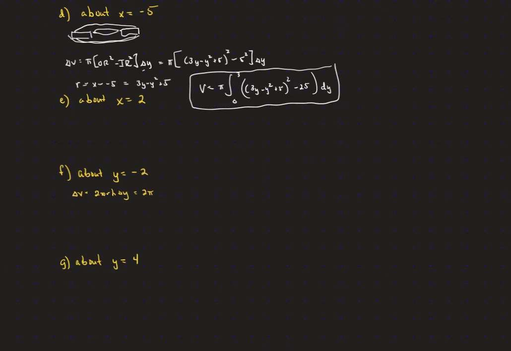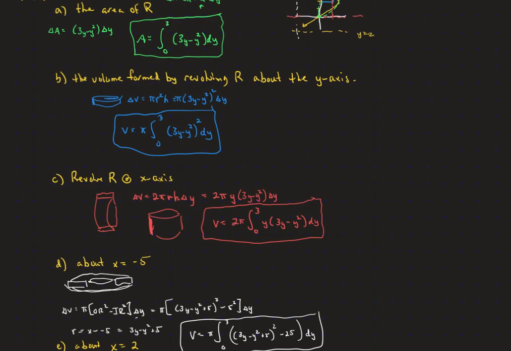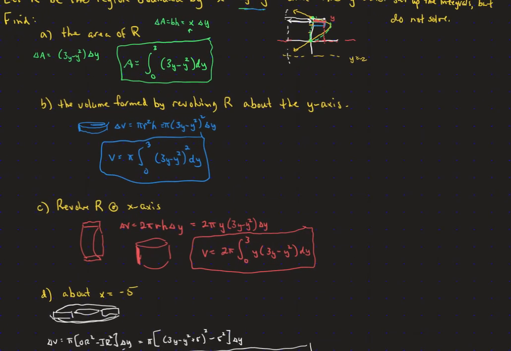Now the radius is typically the hard part. It's going to be that distance from the axis of revolution out to that little rectangle. So we're going to go top minus bottom. So the top right there is going to be just the y coordinate of that point minus the negative 2.